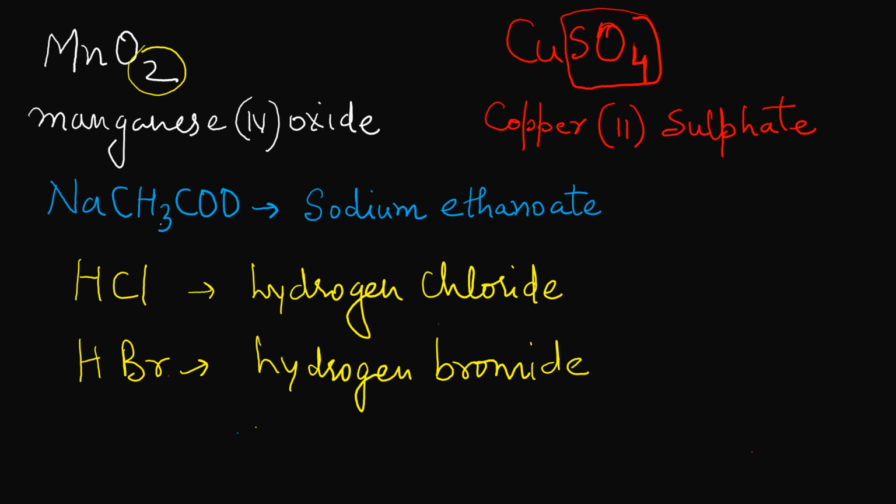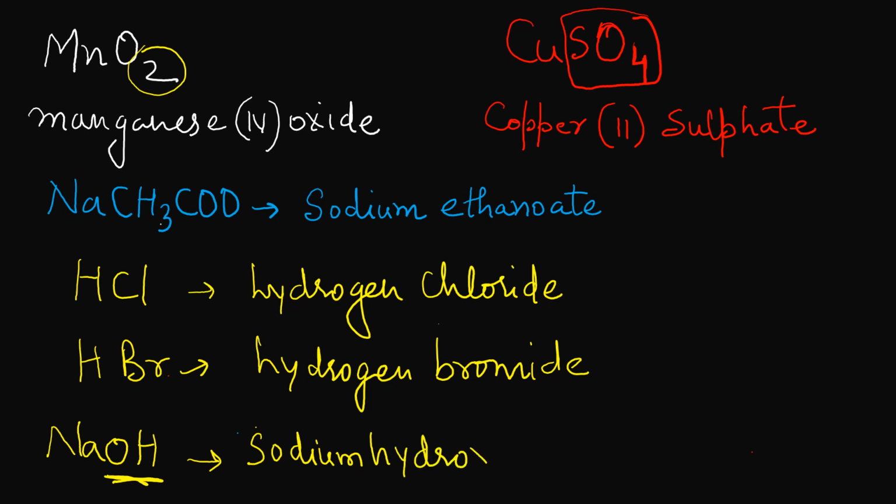Bases don't have any different rules. If you want, we can consider some examples here, but later on I will also teach you how to identify bases, which usually end with OH on the right side of the metal. So NaOH, OH is again a polyatomic ion, so we'll just simply write it as sodium hydroxide. Nothing specific, just normal rules.